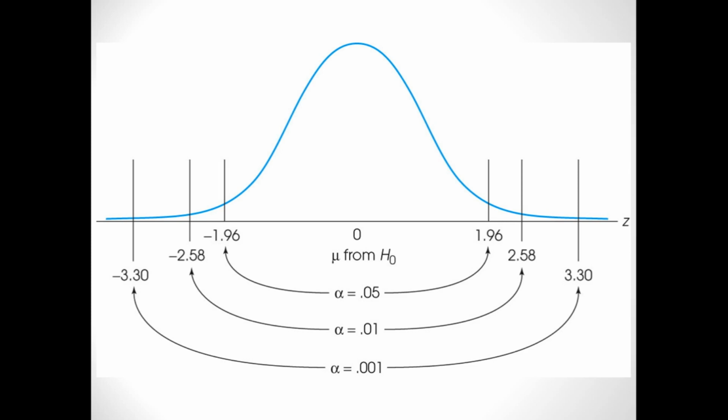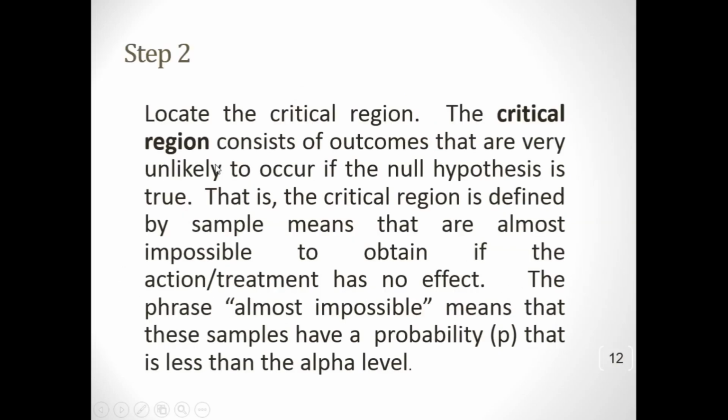We also have a low probability level of 1%, which is 2.58 for the normal distribution of mean 0 and standard deviation 1, and so on. So step 2 in hypothesis testing is to locate the critical region. The critical region consists of outcomes that are very unlikely to occur if the null hypothesis is true.